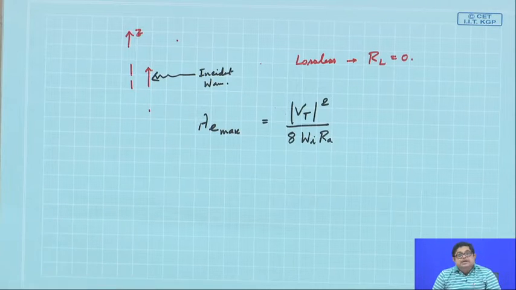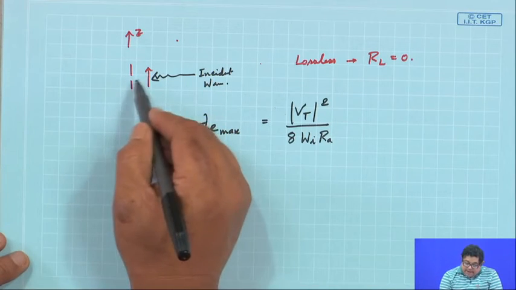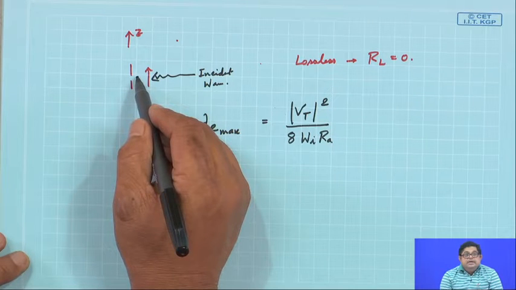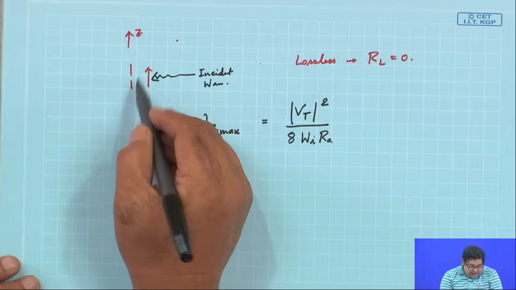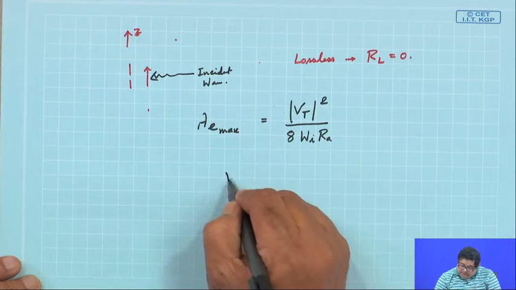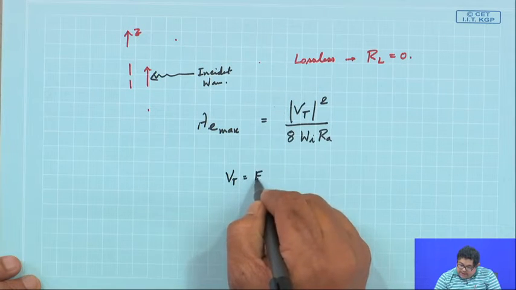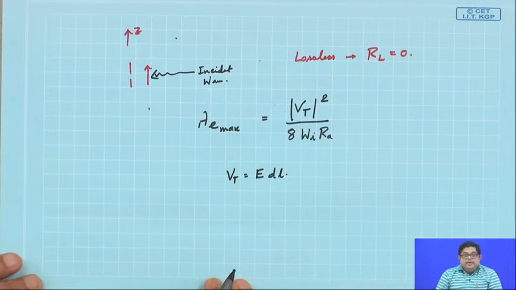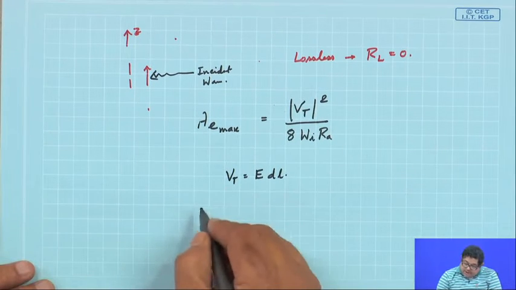Now, what is V T for a current element? You see, I have an electric field E and I know that this distance is dl. So, can I say that V T is E into dl, and what is Wi?